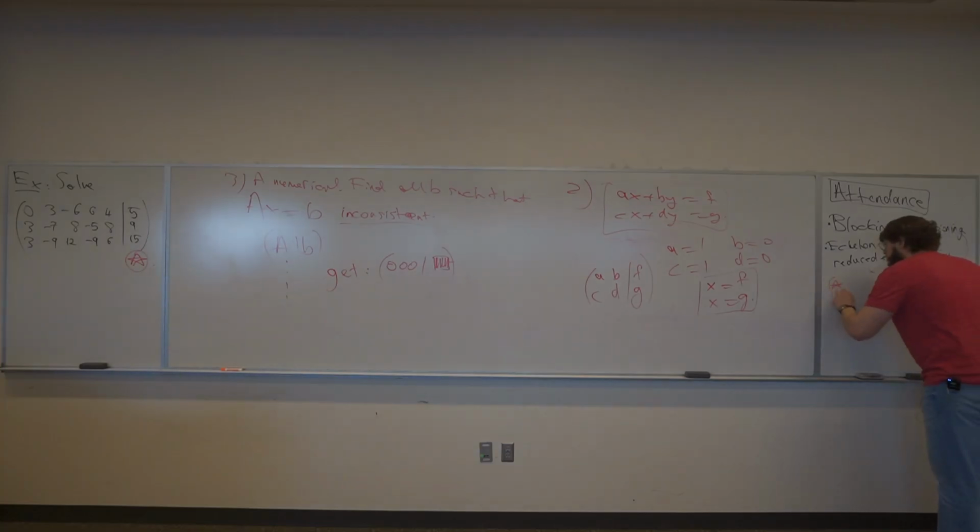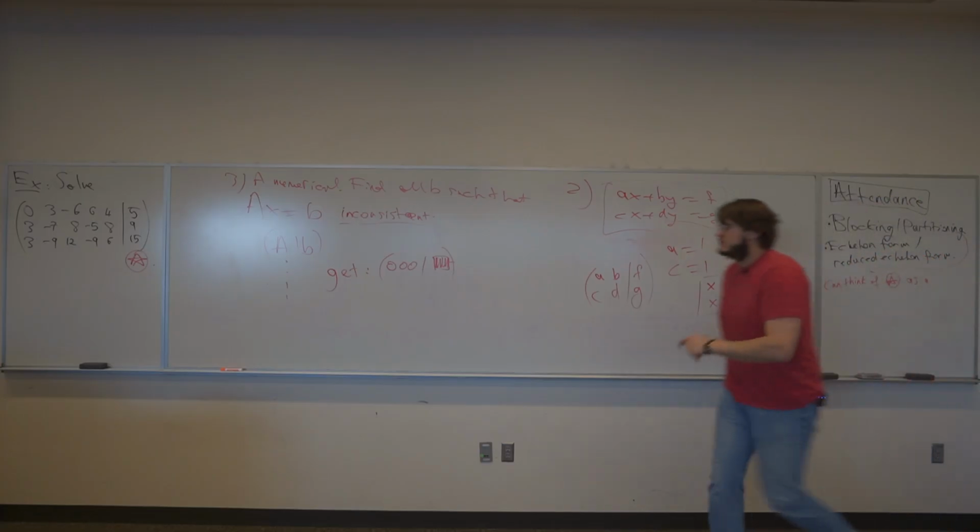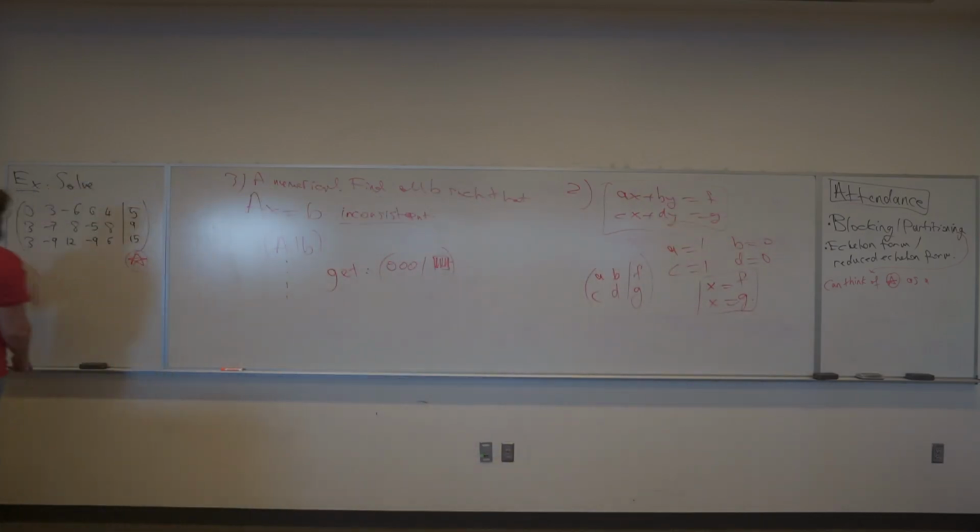So, you can think of star as a, what was it? 3 by 6, right? 3 rows, 1, 2, 3, 4, 5, 6 columns.